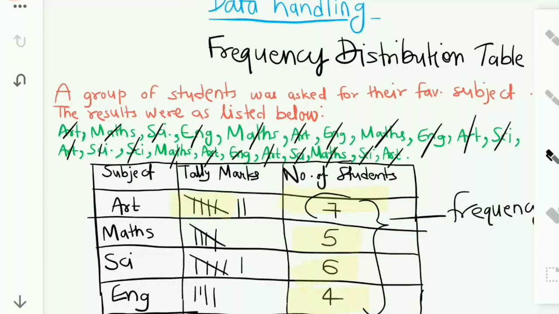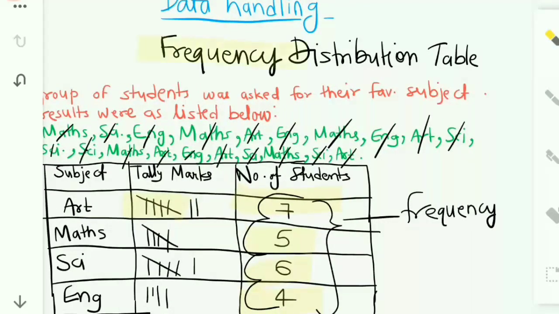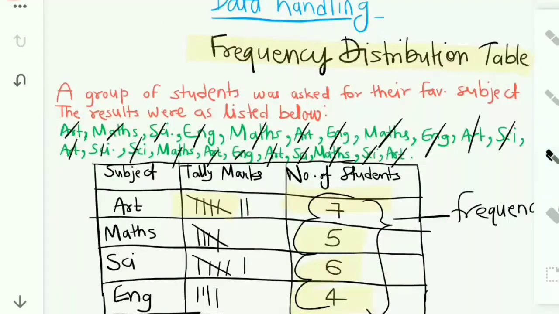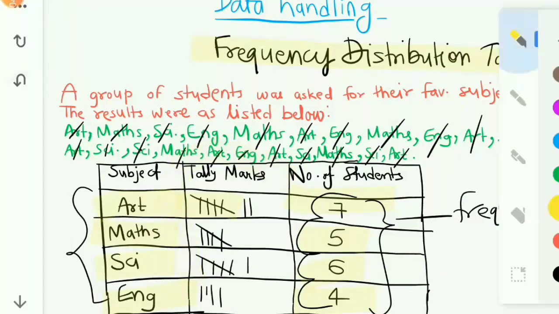So all these numbers here are called frequencies, and this complete table is called frequency distribution table. This means how the frequencies are distributed among these categories, or in this case subjects. Okay. This chart here is known as tally chart.